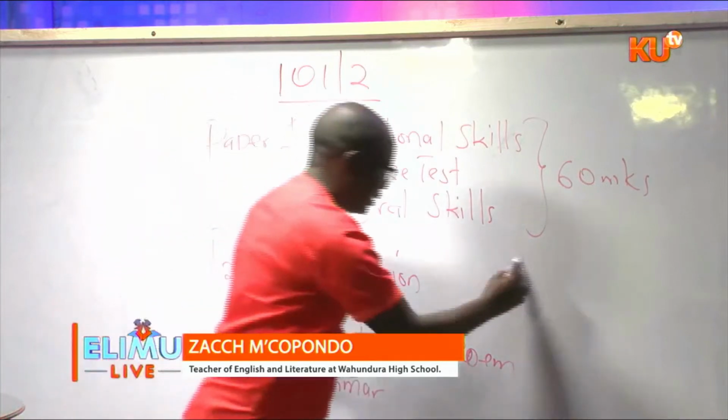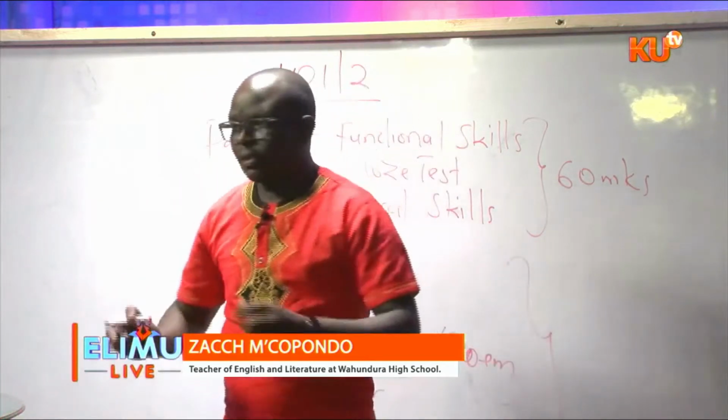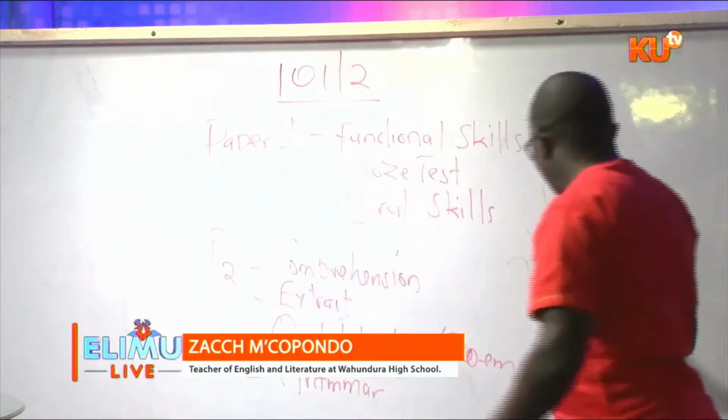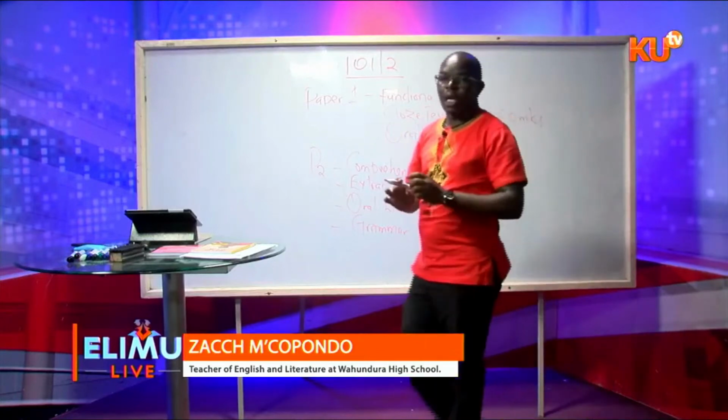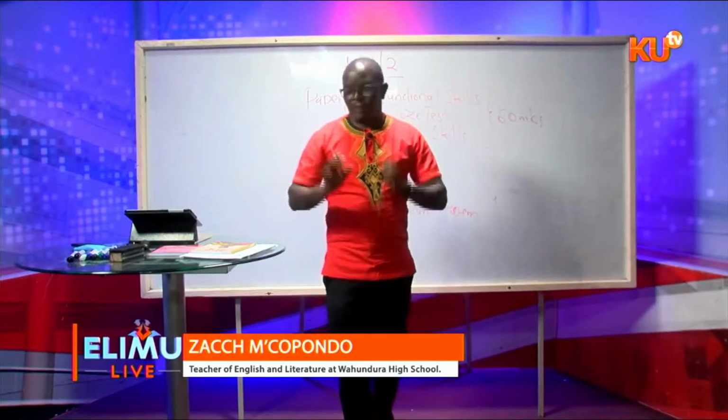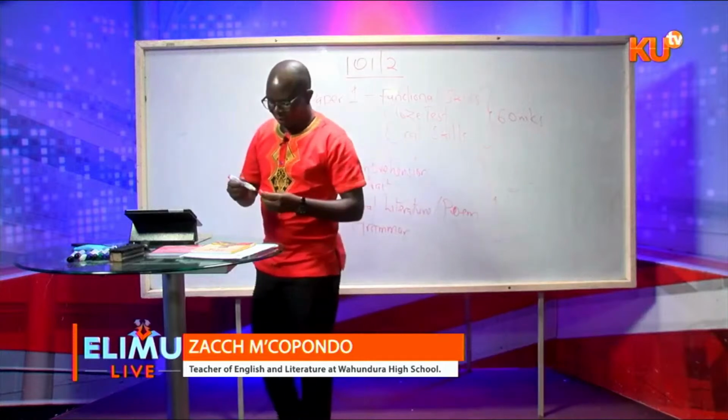So this is the heart of this paper because it carries 80 marks. Our lesson today is going to focus on how we are going to get the 80 marks, or at most get the best of this paper.